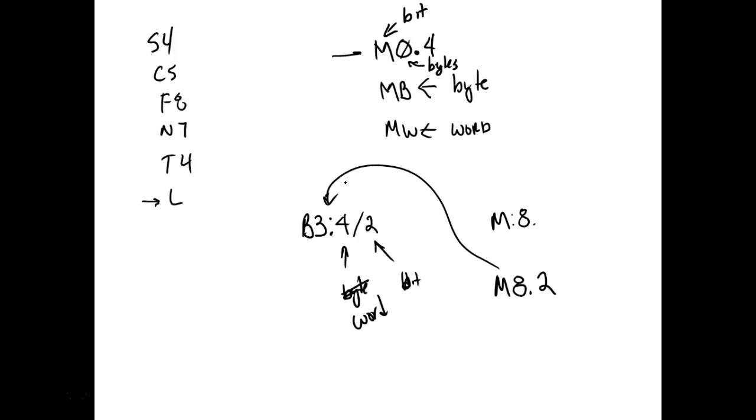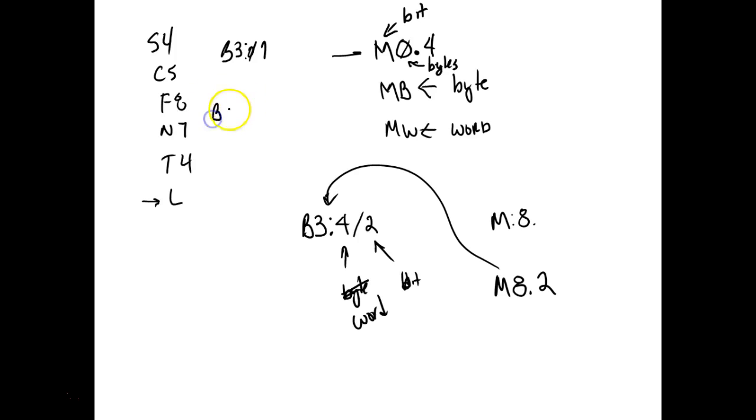So what we're going to do is take these addresses, like B3, 0/1. We're converting an Allen Bradley program over to a Siemens program. Allen Bradley deals with words.